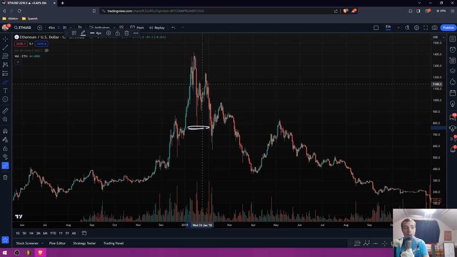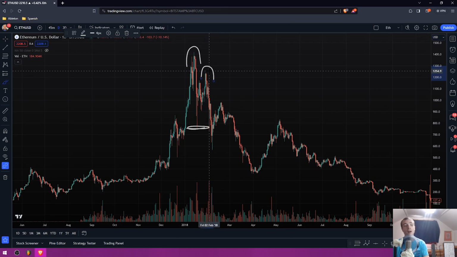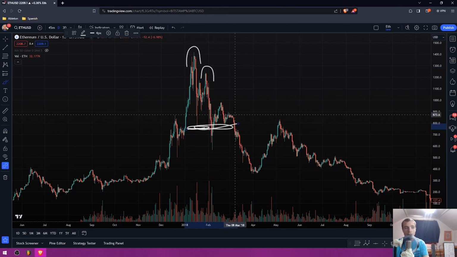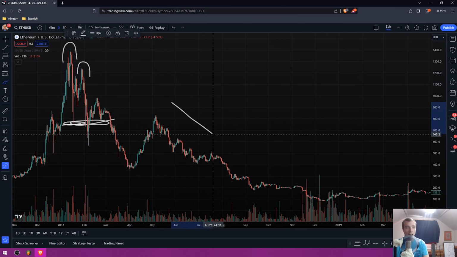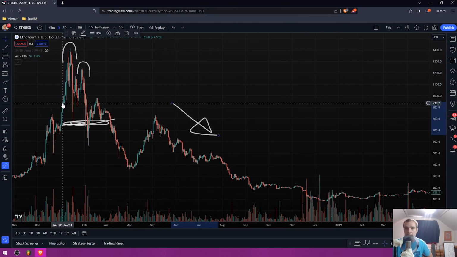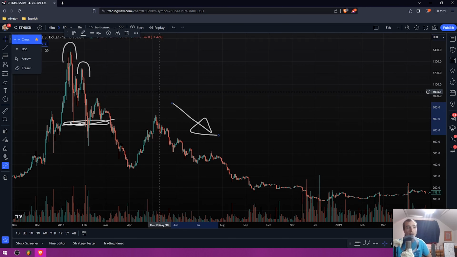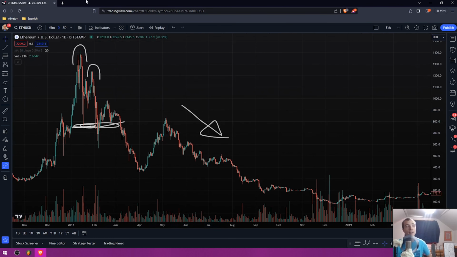It bounces back up, so we have our first top right here, bounces back up all the way to $1,200 per Ethereum. It rejects a second time off of resistance, goes back down to this major support level and breaks down below. And you can see that that double top led to a very large decline over time inside of Ethereum back here in 2018. So understanding these trading patterns is very helpful.